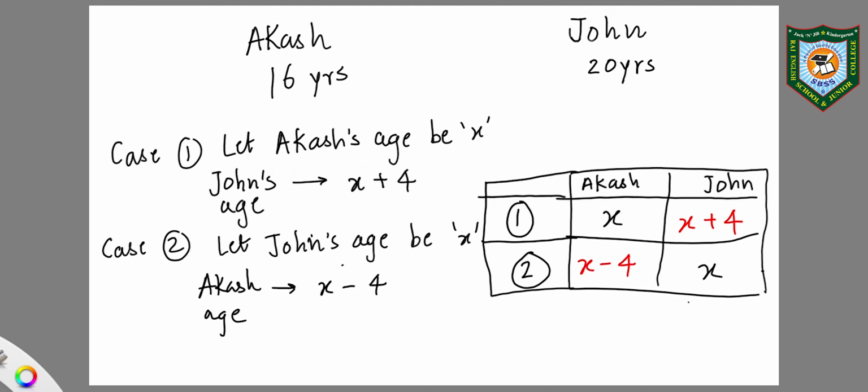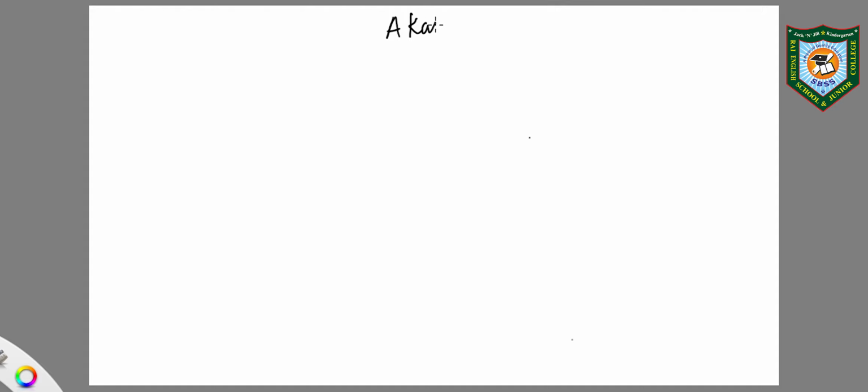So in case 1, if Akash has X age, then John's age becomes X plus 4. And in case 2, if John's age is X, Akash's age becomes X minus 4. We're going to see why this differs. So we're going to make the table once again. I have Akash here, I have John here. This is case 1, case 2. This is X, this is X plus 4.